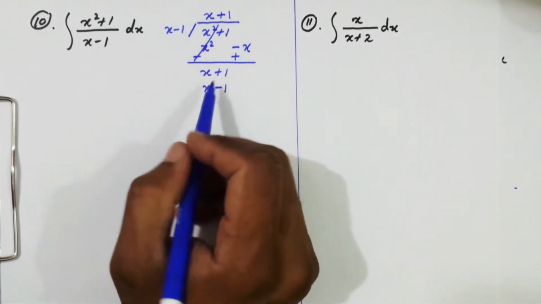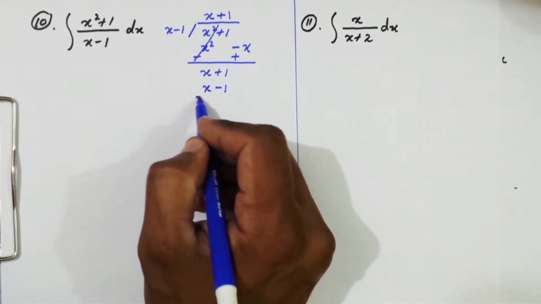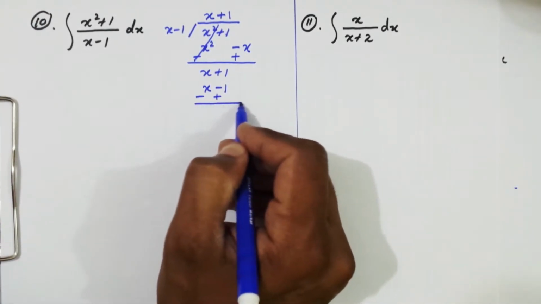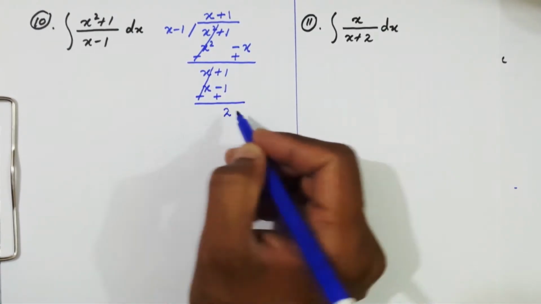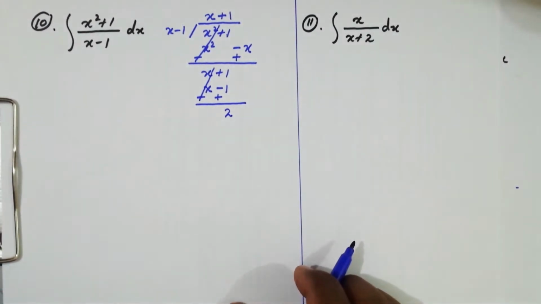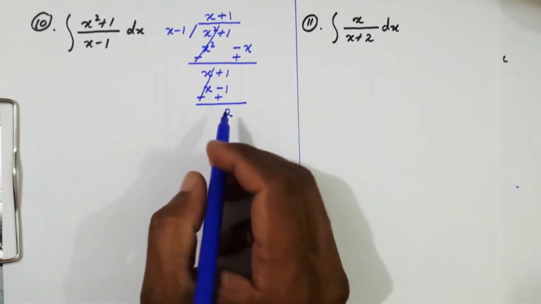X multiply 1, x minus 1 multiply 1, minus 1. After changing the sign, this x will cancel and the remainder is 2. In the long division method, how to write the answer at the end when there is a remainder?